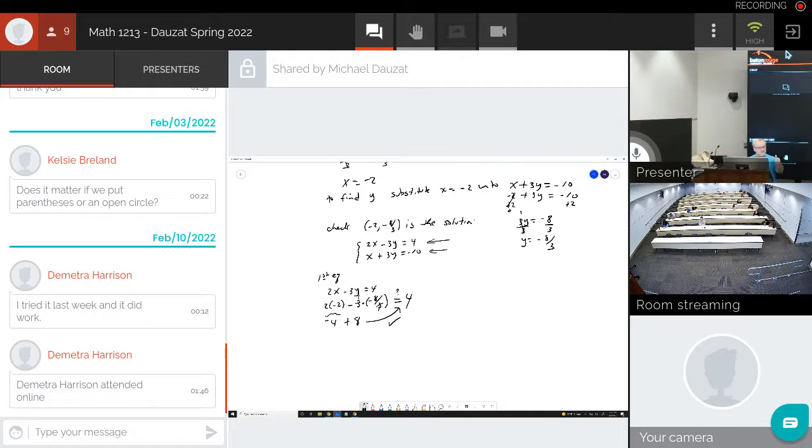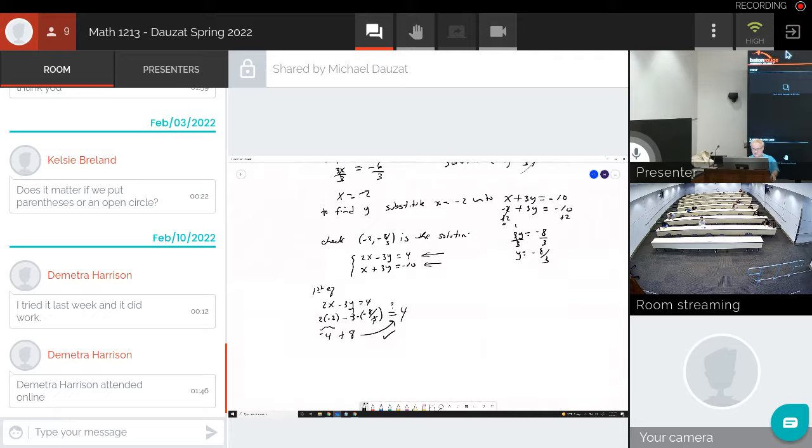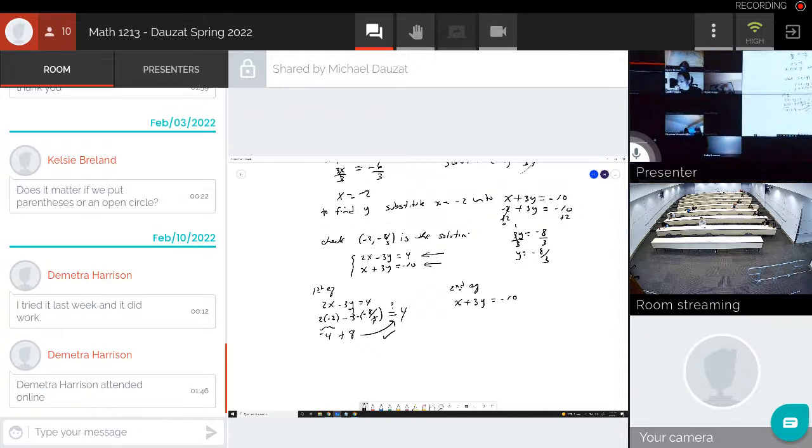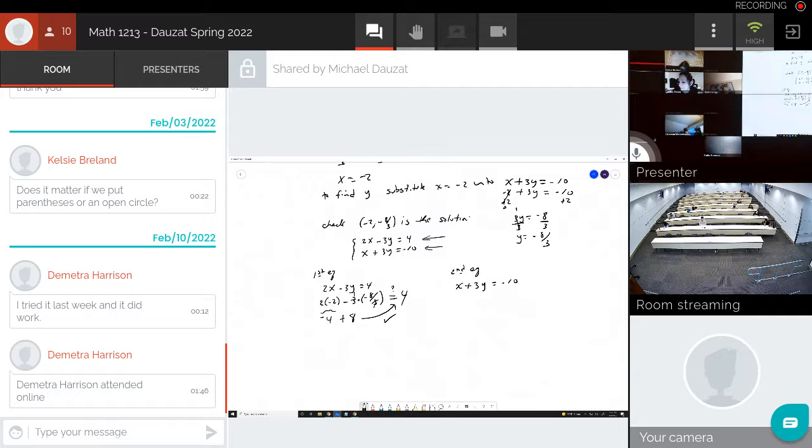Now we have to verify the second one. So the second equation, you have x plus 3y equals negative 10. And so x, remember, is negative 2, and y is negative 8/3. So I have negative 2 plus 3 times negative 8/3, and I want to see if that's going to equal negative 10.